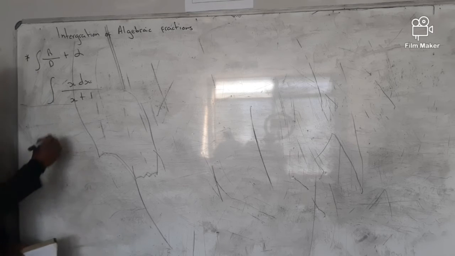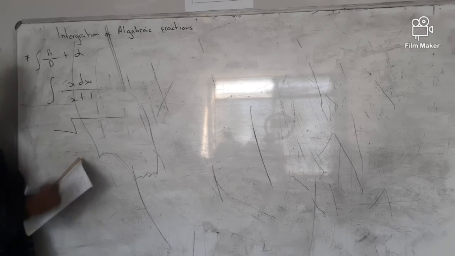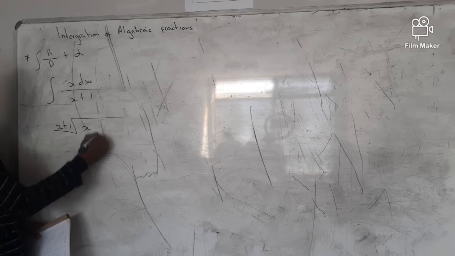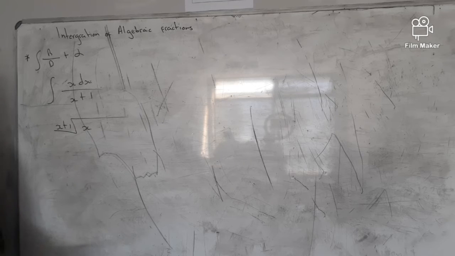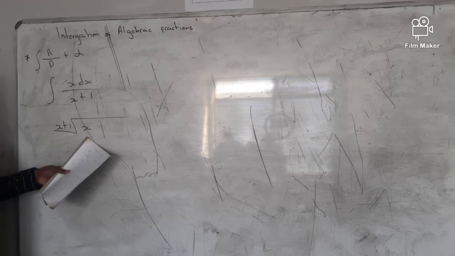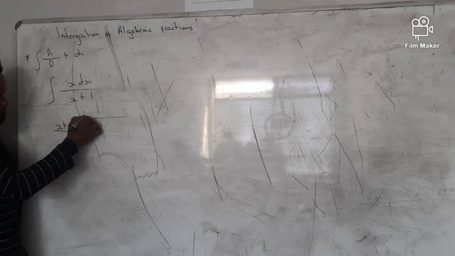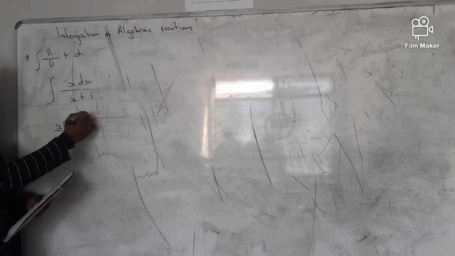And how do you use long division? It's going to be x, and then you put your x inside. This is just like the normal long division that you were doing. This one divided by this one: x divided by x, you get 1.